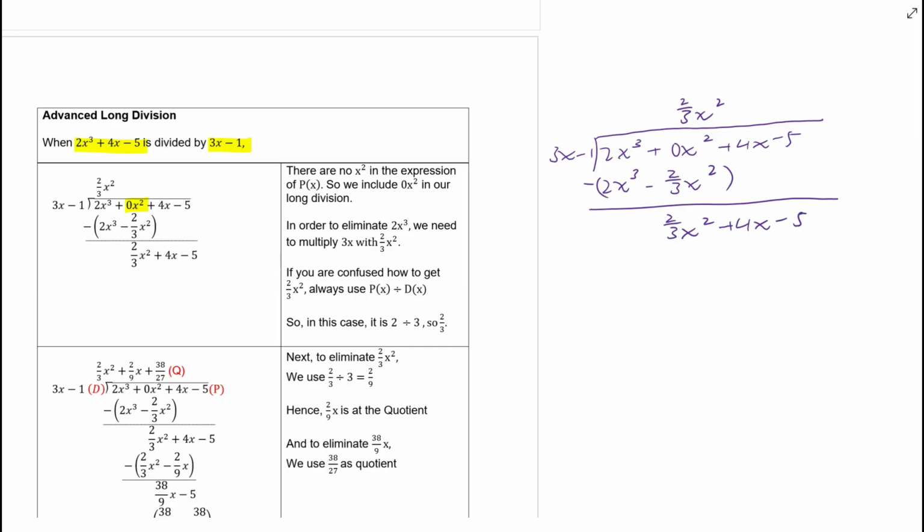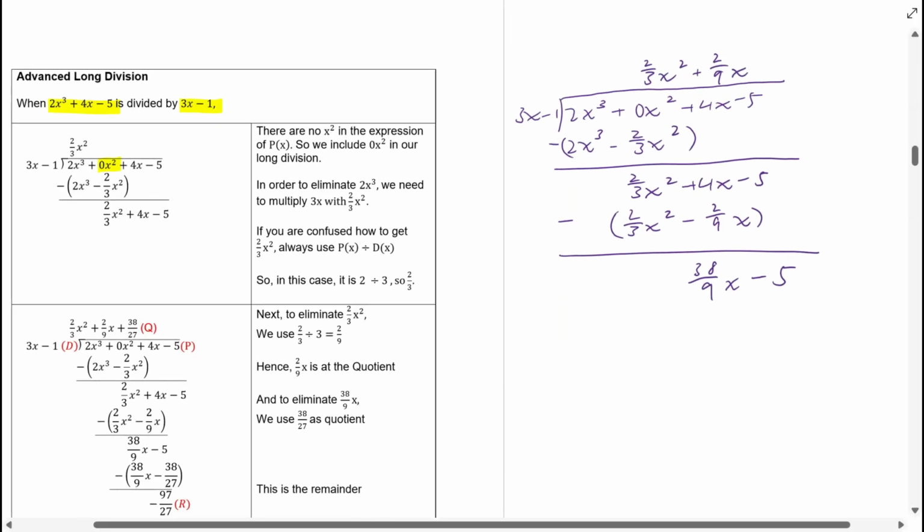So what times 3x will give you 2/3 x squared? 2/9x. Then you bring it down. In this case, it will be minus 2/9x. Negative sign, brackets. Then you find your remainder. So it will be 38/9x minus 5. Then now you have to get rid of 38/9x.